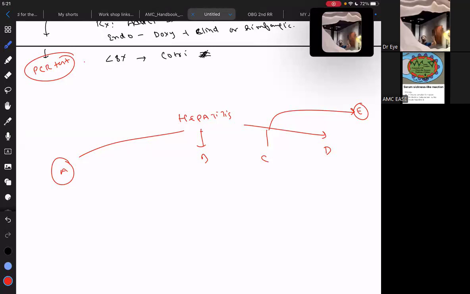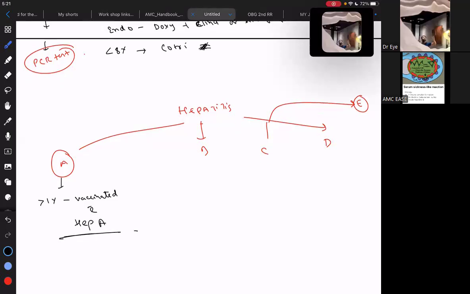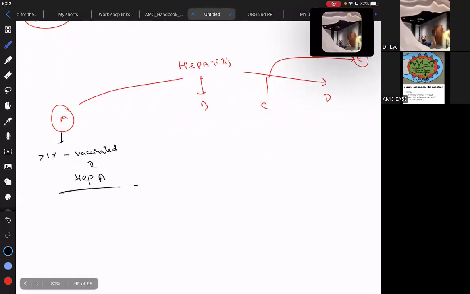In hepatitis A, what are the important points? Any traveler who is more than 1 year of age needs to go for the hepatitis A vaccination. Please remember that this is an MCQ.